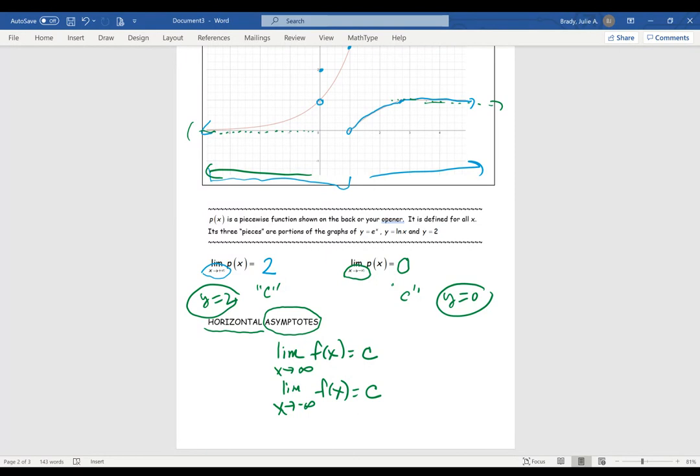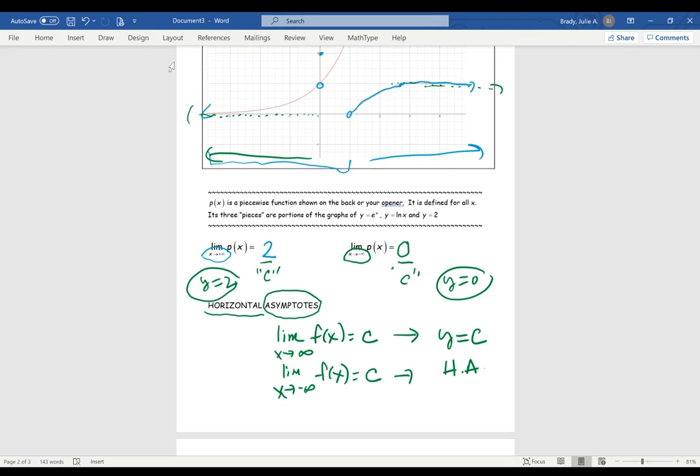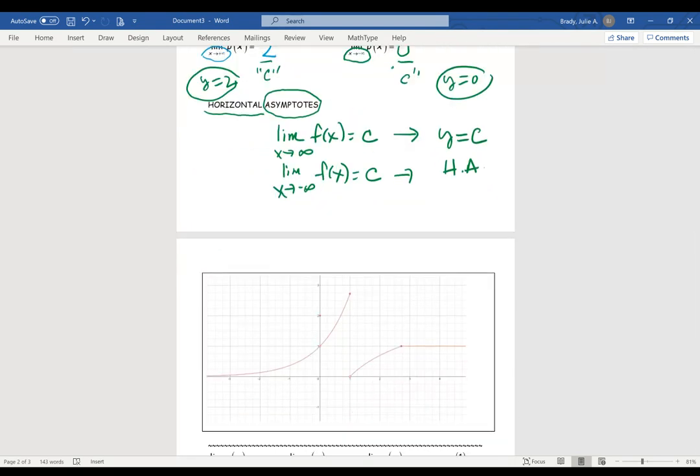So in this case, the c is 2. In this case, the c is 0. If that is true, this little arrow implies that you've got a horizontal asymptote. This would be y equals c is a horizontal asymptote. Okay? Okay, now flip to the next page, and we're going to look at some other weird spots of the graph.